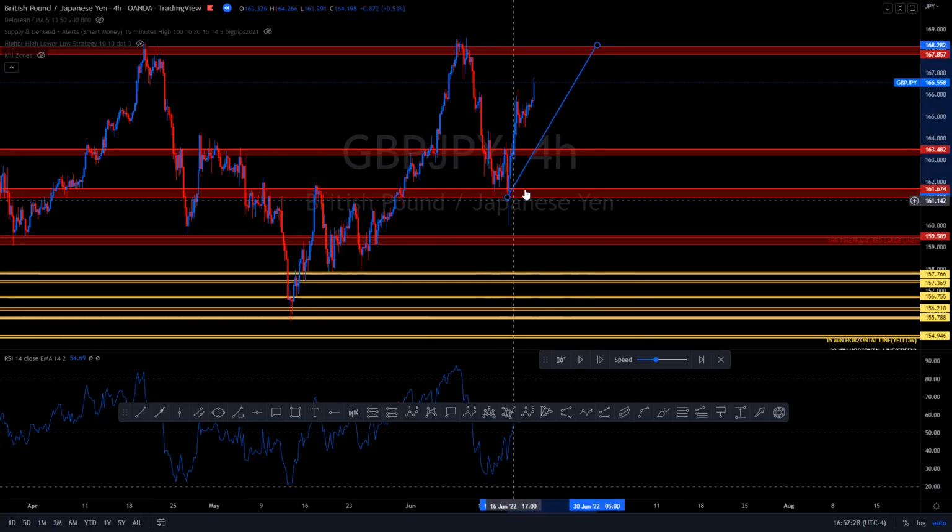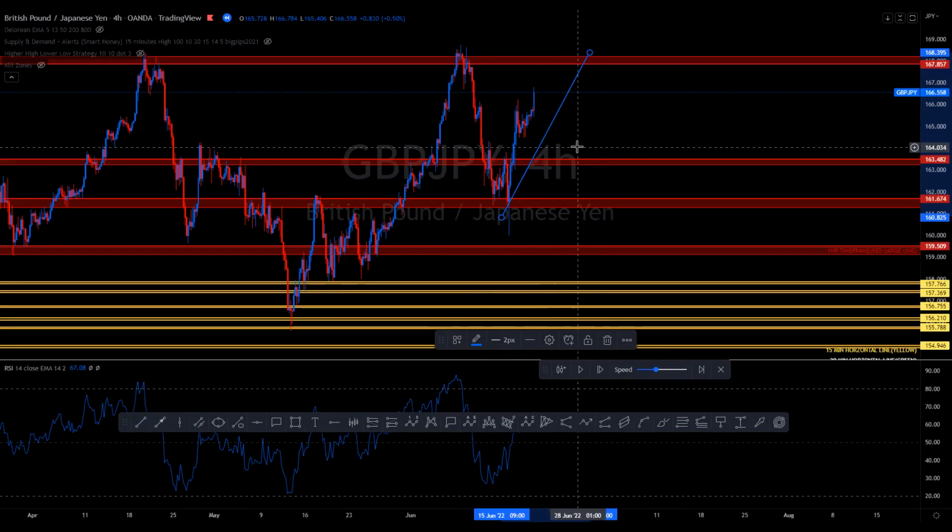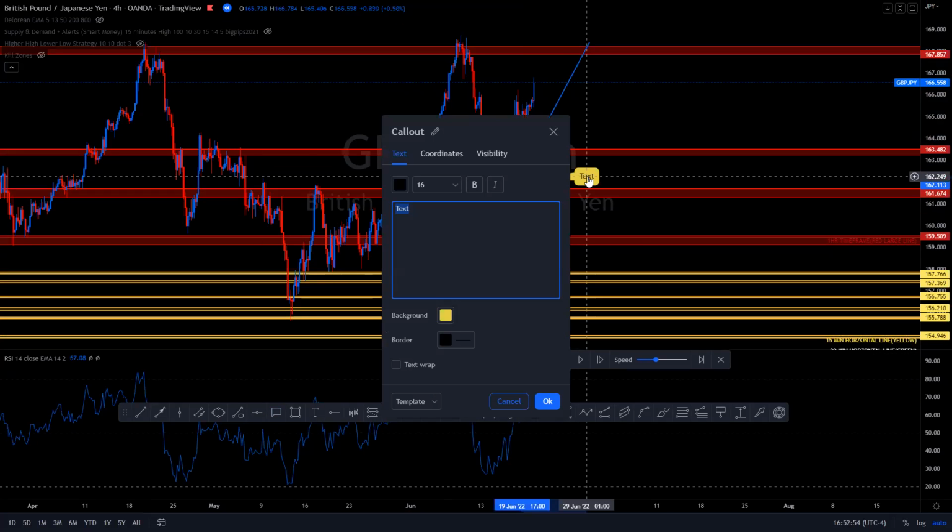And that's pretty much the start of step 2. Step 2 is we identify the overall trend on the 4 hour time frame, the 1 hour time frame, and the 30 minute time frame. So I would say that price is overall bullish. Now, once we have figured that out, I'll probably just put a note here that says, price is overall bullish.